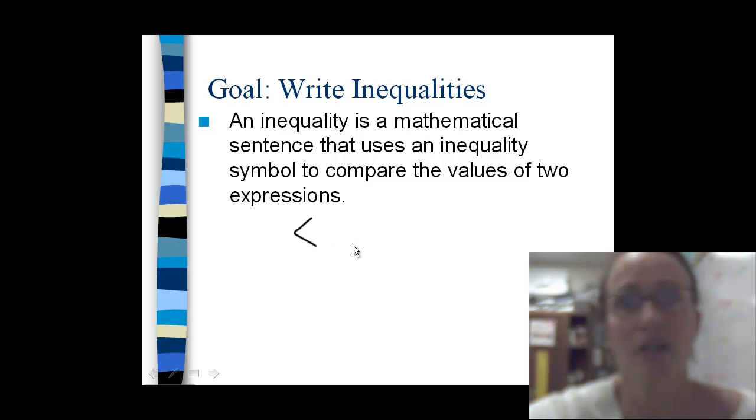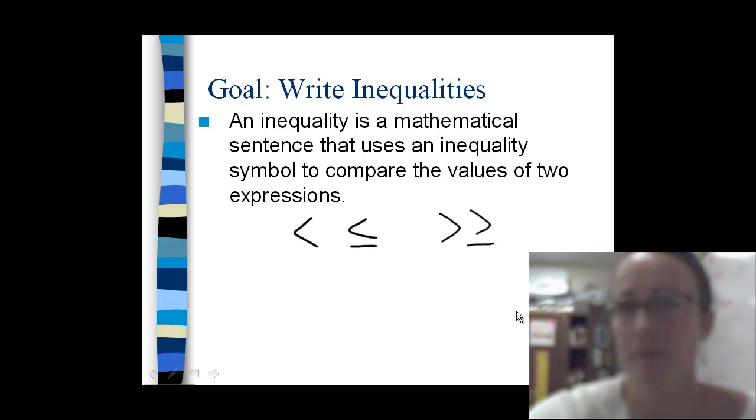When you put a line under it, you're saying it can be smaller than or equal to the number that follows it, or the expression that follows it. If it's not an L, it's not less than. If it's not less than, it's greater than. So this is the symbol for greater than, and when you put a line underneath it, that means that whatever is on the left-hand side is bigger than or equal to whatever's on the right-hand side.